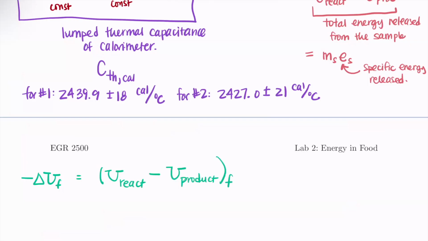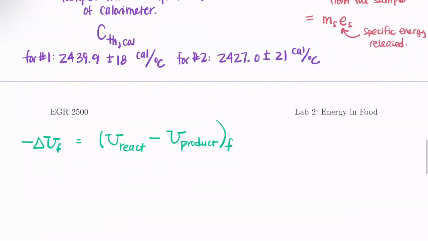And this is for the fuse wire. We can rewrite this in a slightly different way. So now we're going to write this using the length of the fuse wire that is remaining times the specific energy of the fuse wire.